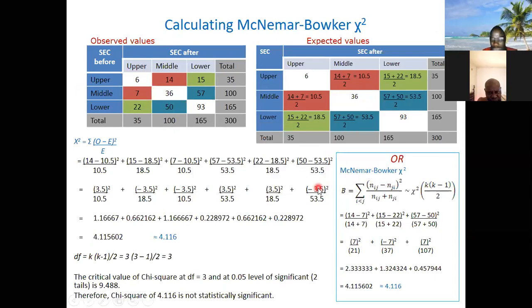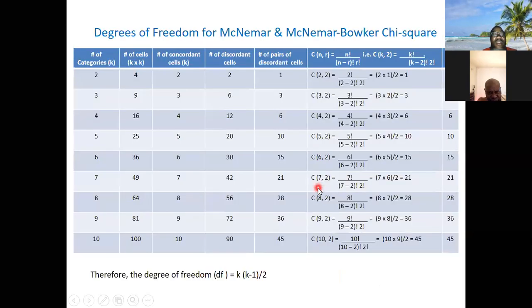Now, the number of discordant cells: all you need to do is remove the number of concordant cells from the total. We know the total is K times K, and the number of concordant cells is equal to the number of categories.